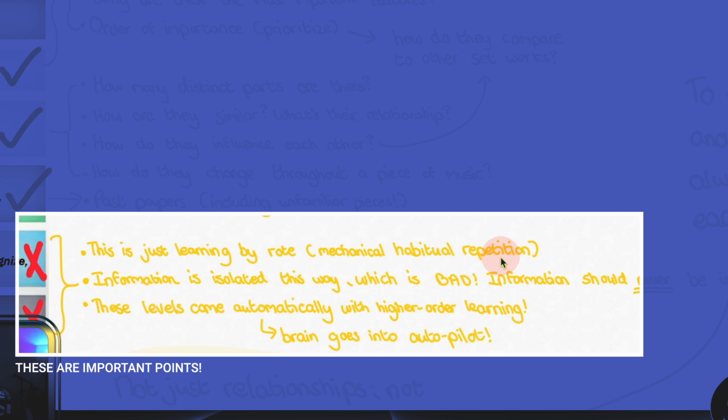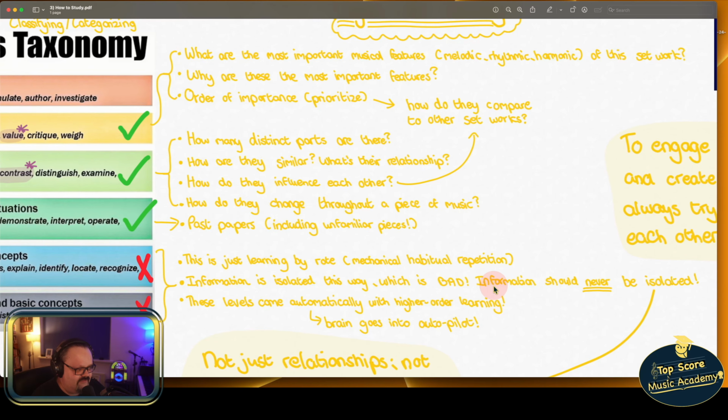It's very difficult to do that. Information in this way is isolated, which is bad. Information should never be isolated. That's why I said before that when it comes to doing flashcards, you may need to do it once or twice, but don't do it hundreds of times, because you should always try to bring information together with other information to help you remember them together. Okay, so never isolate your information.